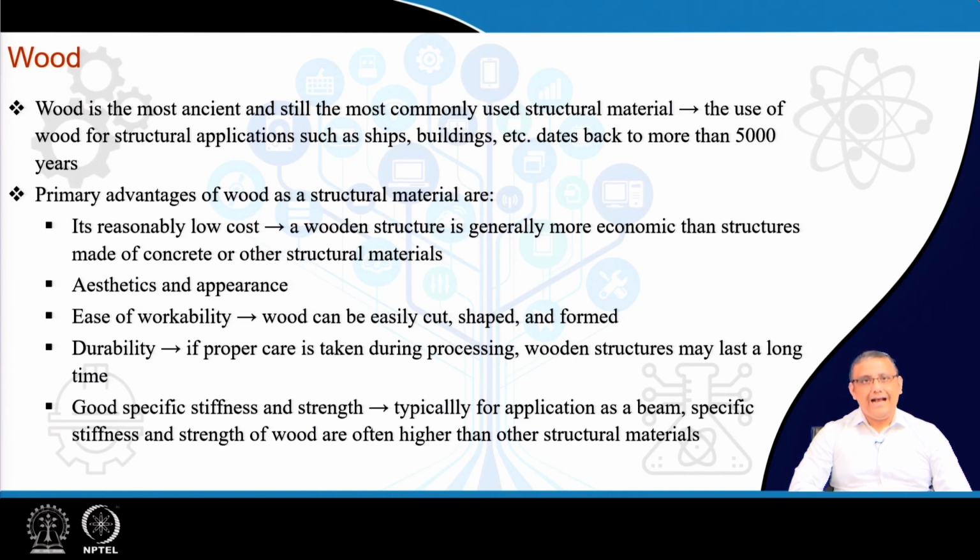As you will see in this lecture, it has a significantly porous structure, because a significant portion of wood's microstructure is porous, and that provides wood a very low density and also good specific strength and stiffness. Furthermore, wood also has good structural anisotropy.